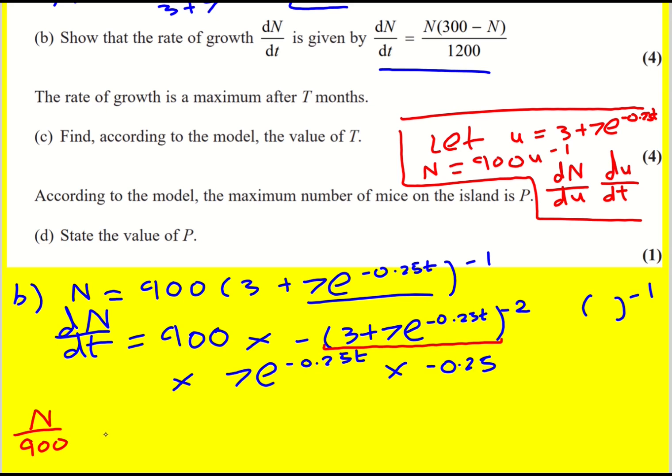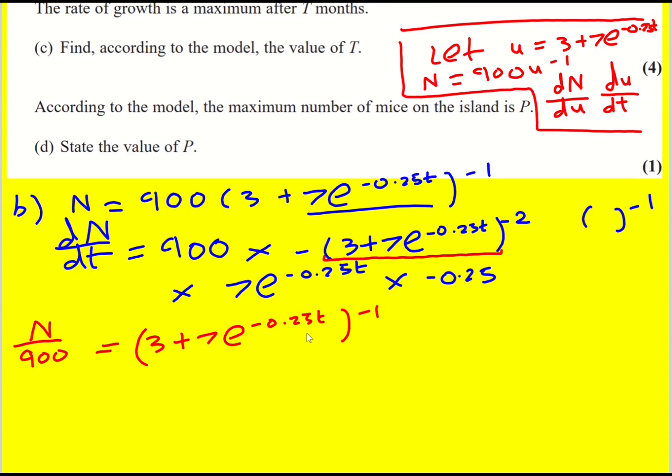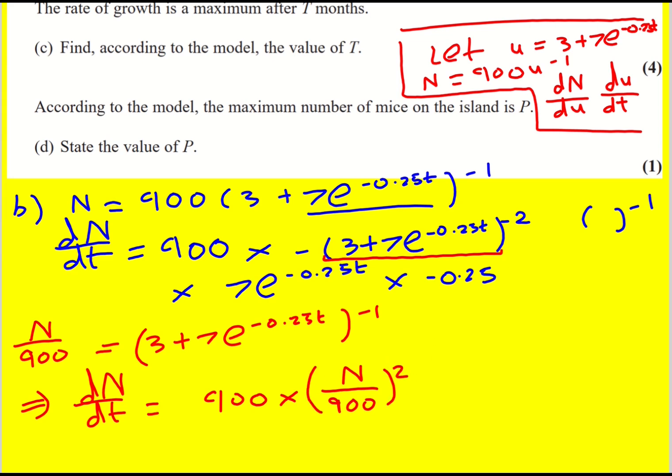So if I write n over 900 equals exactly that, this implies that dn by dt is going to equal 900 multiplied by n over 900 squared. Oh, sorry, there's a minus in there as well. I'll put a minus there. Yeah, that is this thing squared, actually. So I've just replaced it all by n over 900.